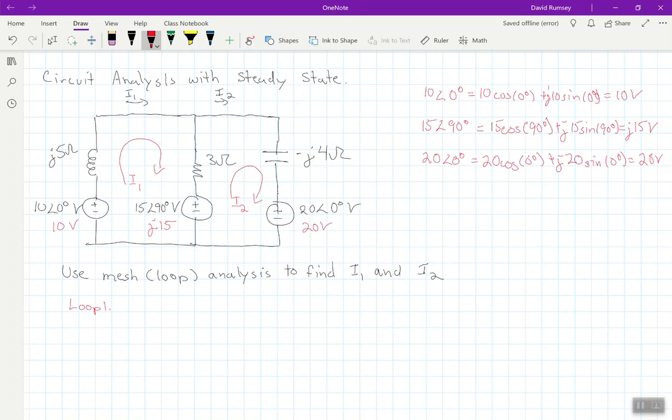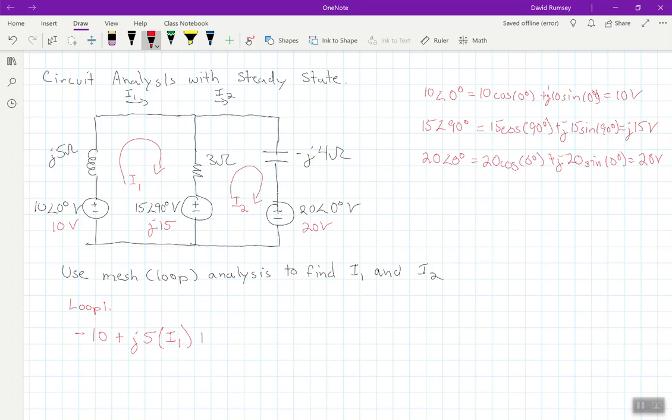Okay, so loop 1 here, I'll start with this power supply. I'm hitting in on the negative side, so I'd have minus 10, plus the voltage across this inductor would be j5 ohms, because that's the impedance, times I1.